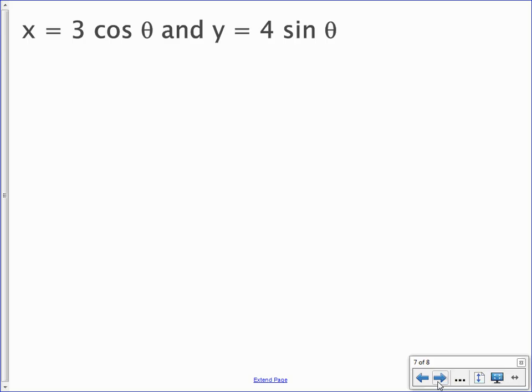Is there anything we know about a cosine and sine function? Any relation we have with the two? We have tangent. We know that tangent equals sine over cosine. Do we have any other relationships with sine and cosine?